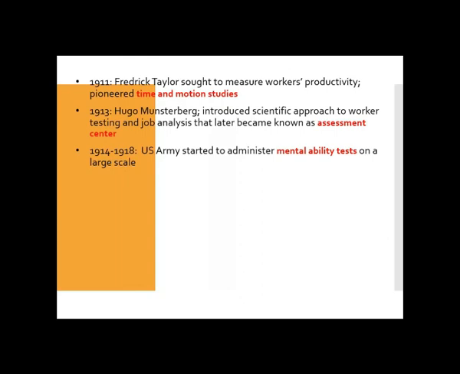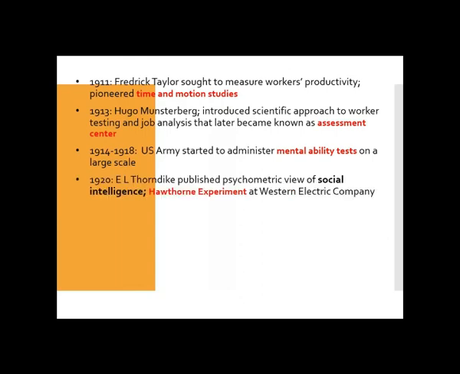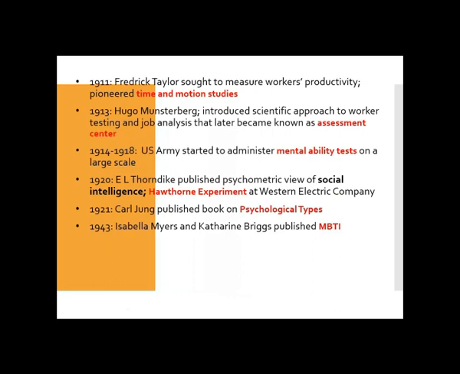And the Hawthorne study threw more light on the analytics of the people side of organizations. Then Carl Jung, the psychological types, and the Myers-Briggs MBTI personality trait, also focused on a quantitative assessment of people's behavior.